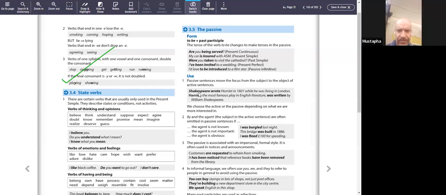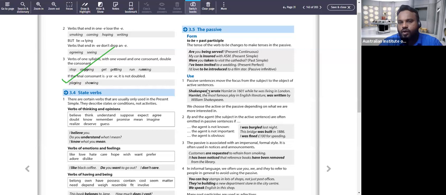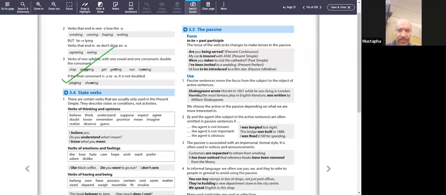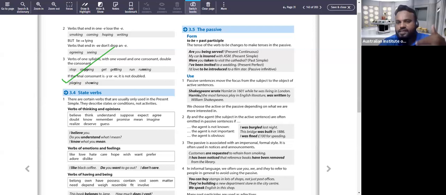So here, if you see the first sentence, the focus is literally on the subject, and the object doesn't have much value. The main thing was Shakespeare wrote. But in the passive form, who wrote doesn't matter. It can be written by XYZ, doesn't matter. The main thing is the book was written.